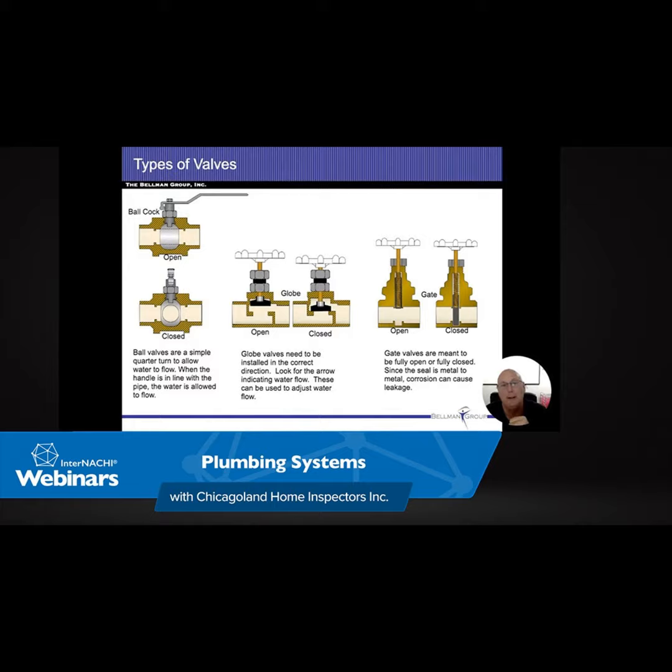And let me look at the bigger screen here. 200 psi at 23 degrees Celsius for the PVC, whereas the CPVC is 400 psi at 70 and 100 psi at 180 degrees.